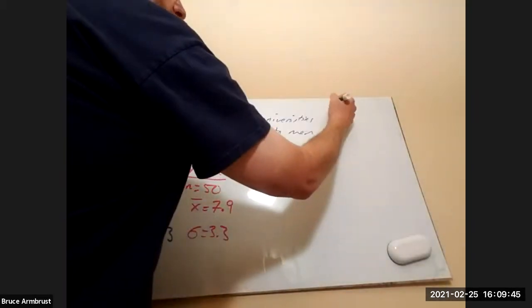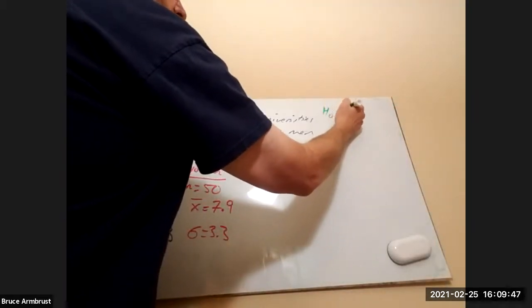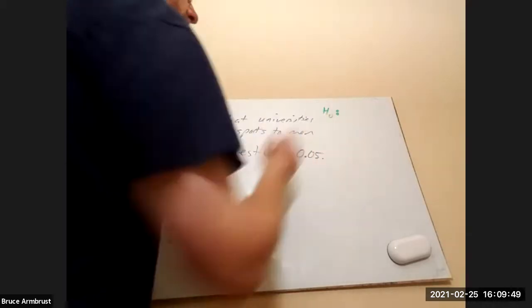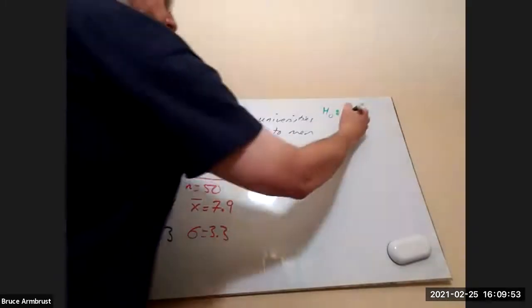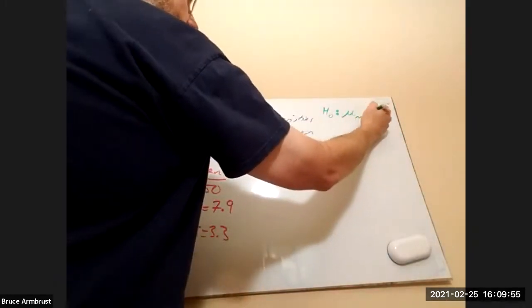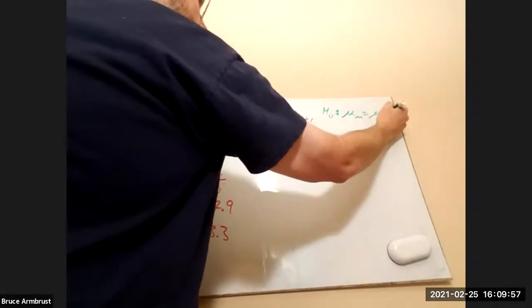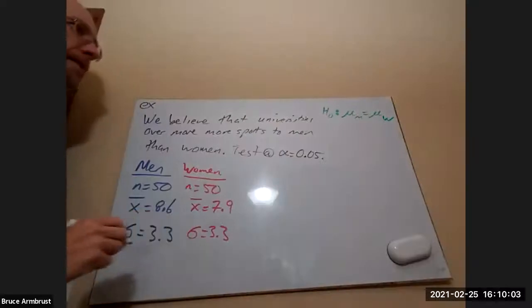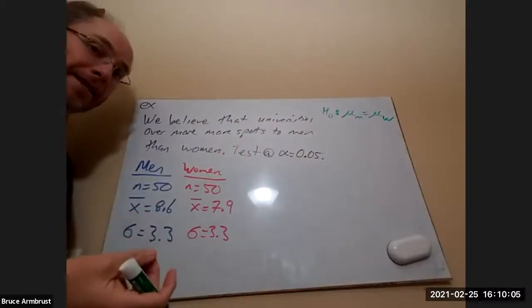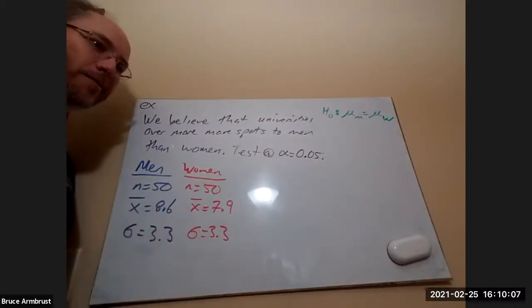So the null hypothesis is one where we want the means to be the same. I'm going to put here mu sub m equals mu sub w, for men and women. So the null hypothesis, as we saw before, is always the equals.